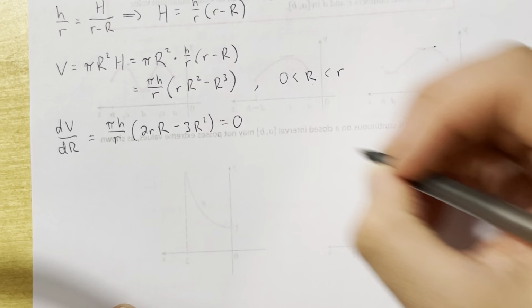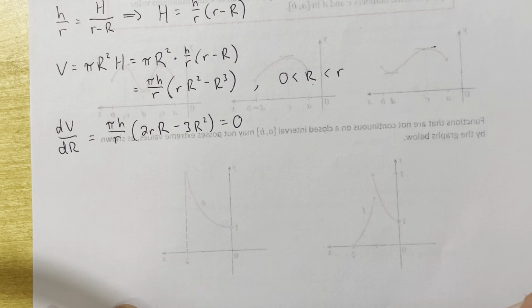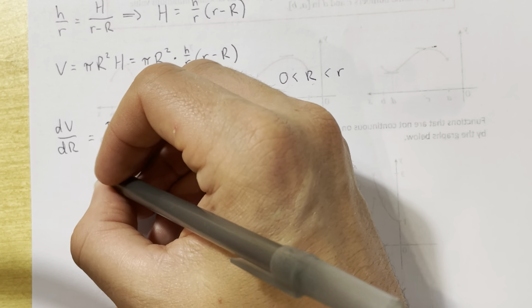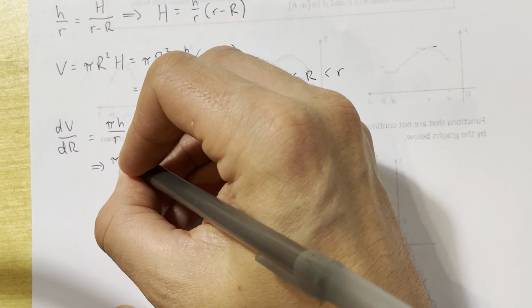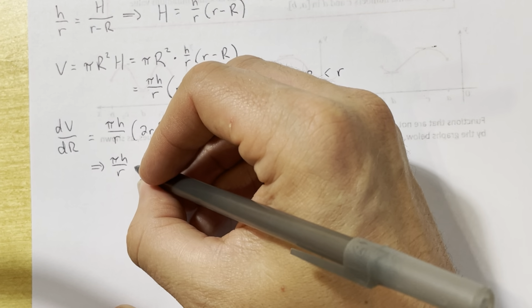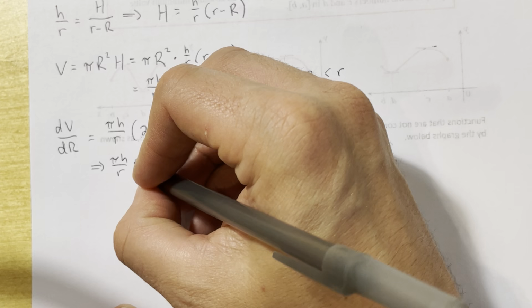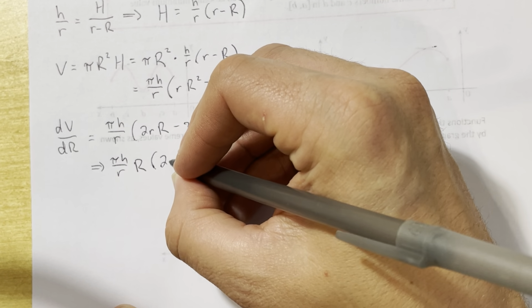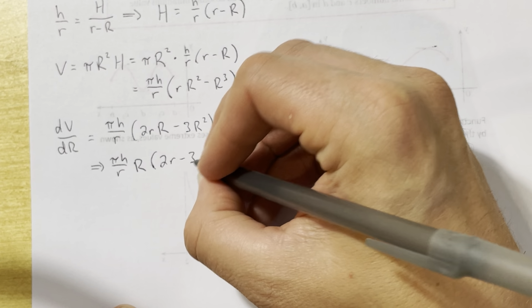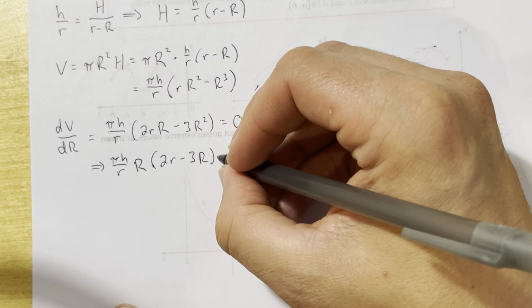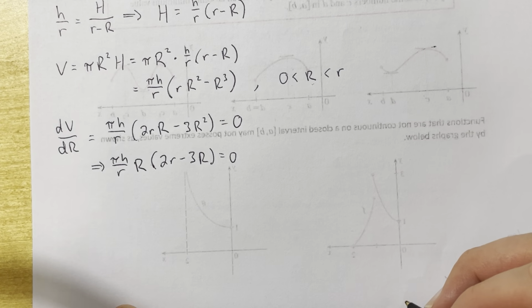And we set that equal to 0 to find critical numbers. Okay, let's factor that. Pi h over r. I can pull a big R out of that, leaving me with 2 little r minus 3 capital R equals 0.